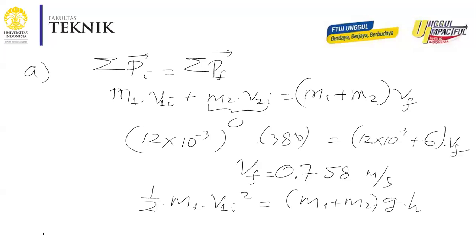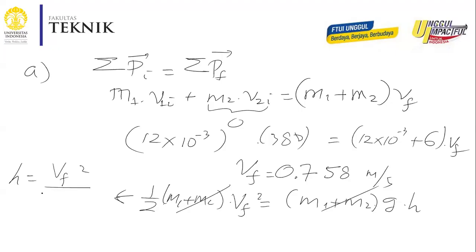So we can cancel the masses, and the height after the collision is equal to V final squared divided by 2g. We input 0.758 squared divided by 2 times gravity, 9.8.